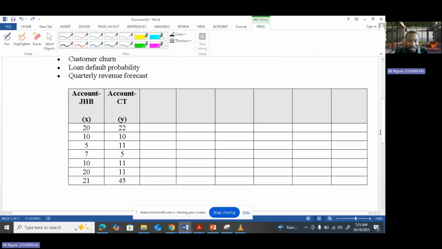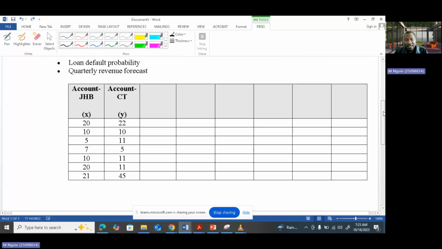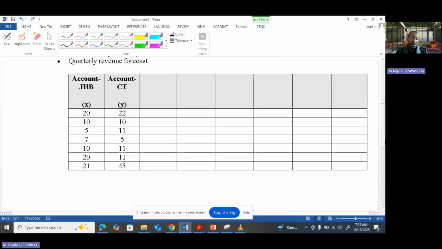So this is how the data looks. It's just a table, and we have two columns. Guys, you are going to work with Excel sheets that have millions of rows.